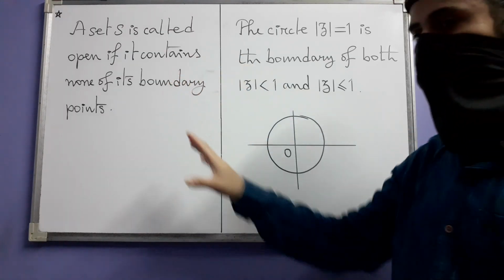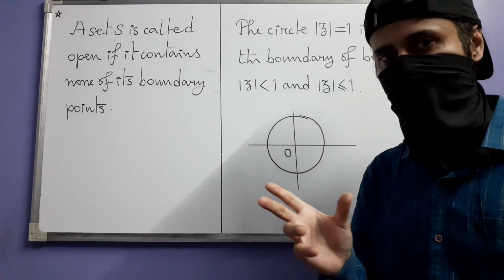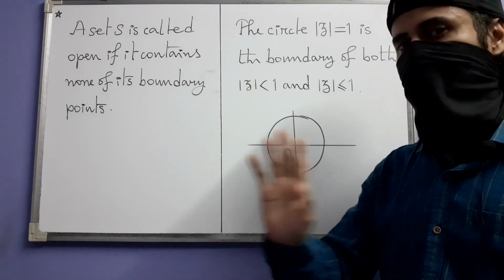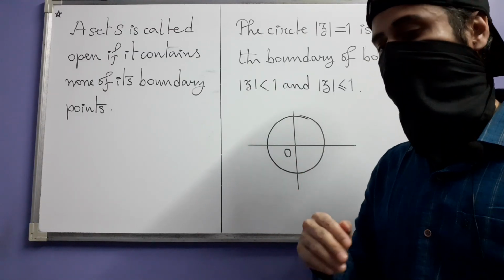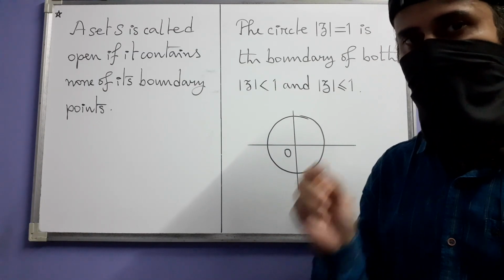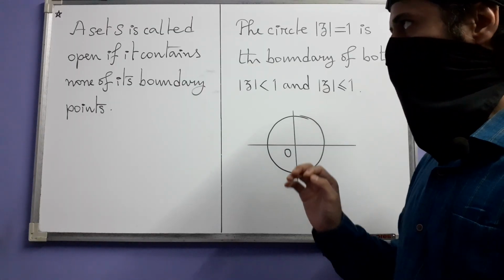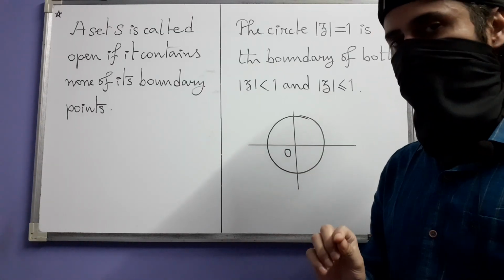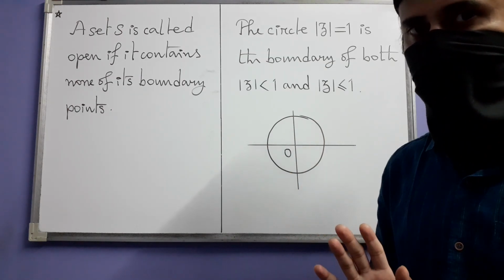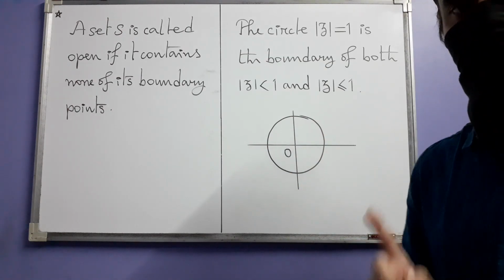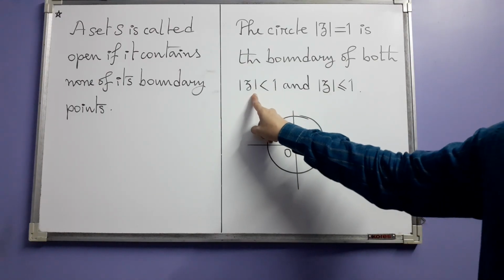What this definition is saying is that, say you have a set S, then it has some boundary points. Whether it has or does not have boundary points, that's not the point here. Whatever boundary points it has, none of them is inside the set S. If that's the case, then we will call S an open set, like this one.